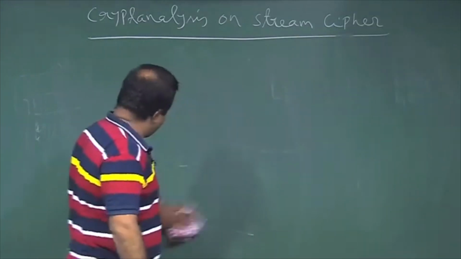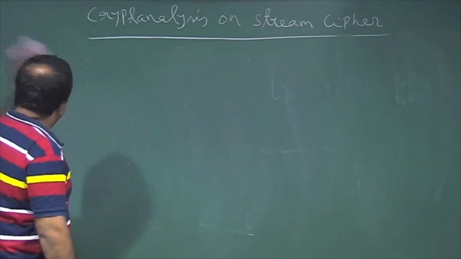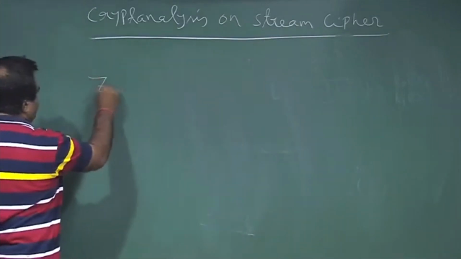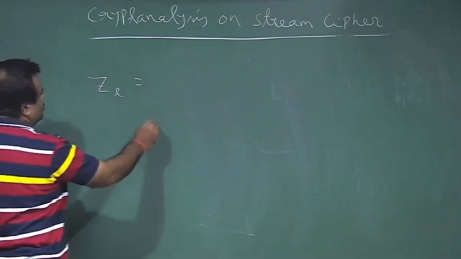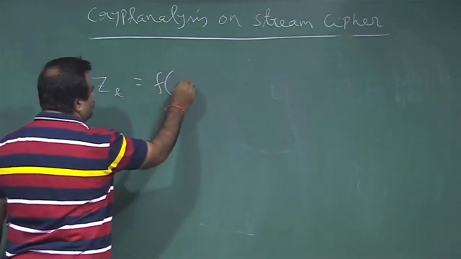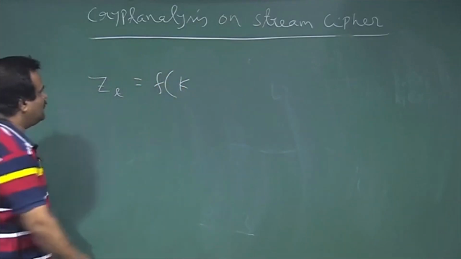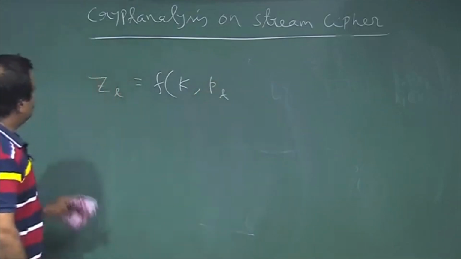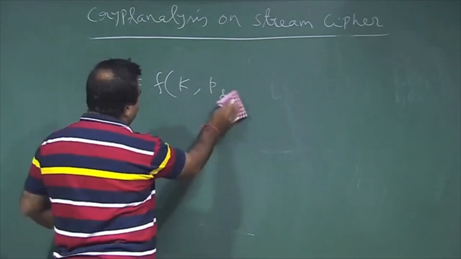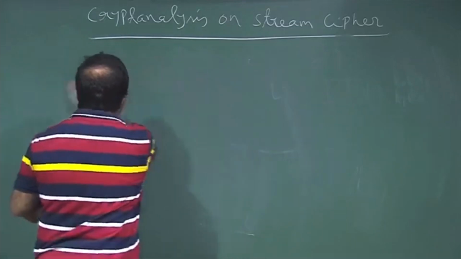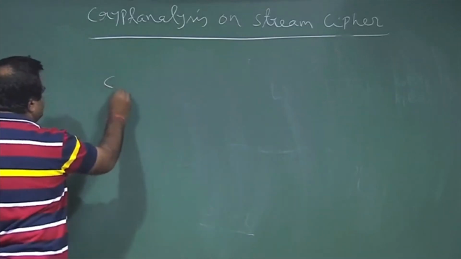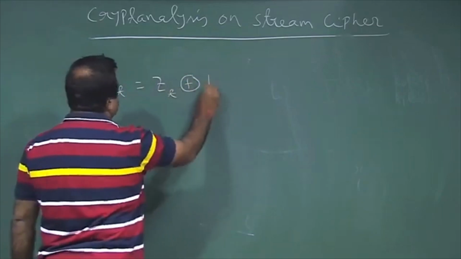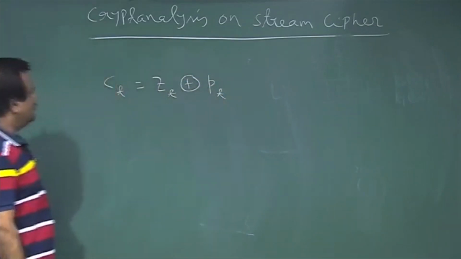So we have Z_t, which is a function of K, the secret key, and we get C_t as Z_t XOR P_t.